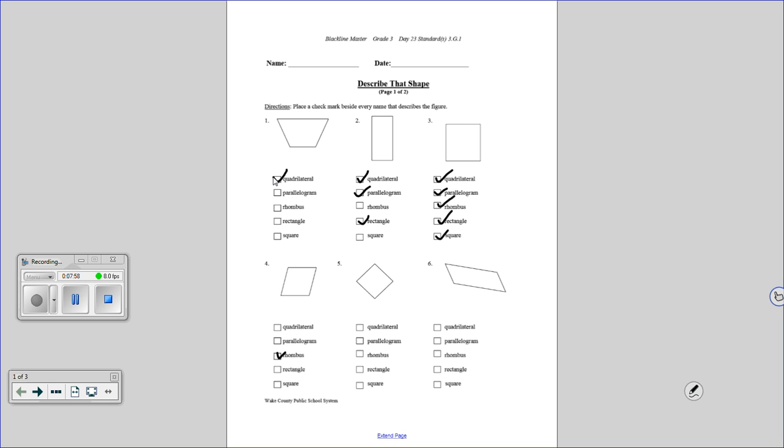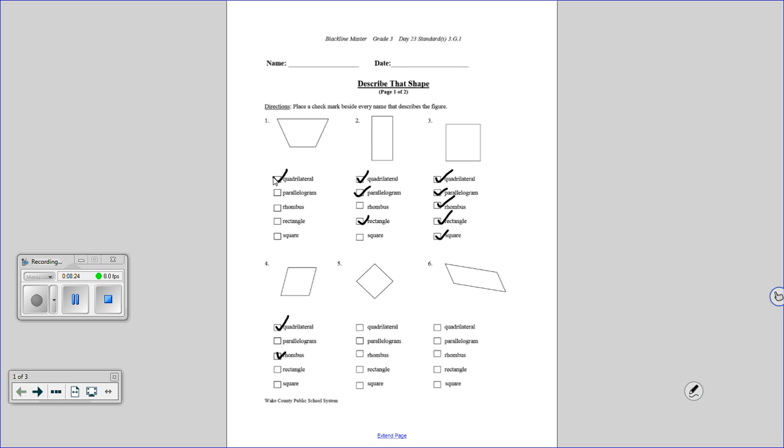Sabrina? Just think it. It is a quadrilateral. Anything else? Colin? Rectangle. Is it?